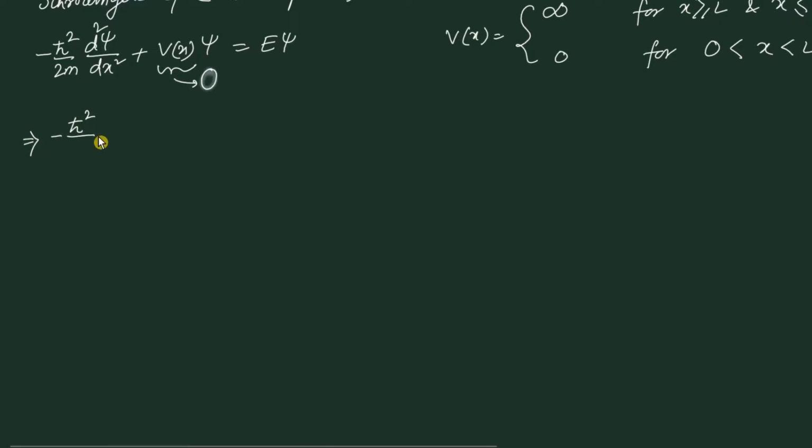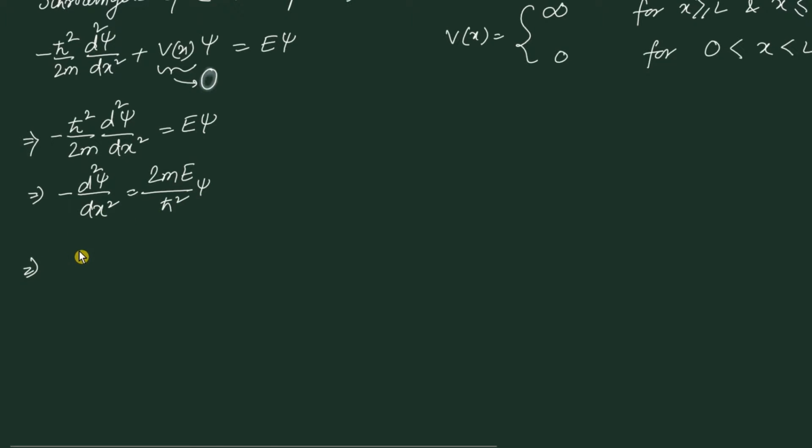Minus h cross square upon 2m d square psi upon dx square is equal to E psi. If I take the terms to the right hand side, this becomes minus d square psi upon dx square is equal to twice m E upon h cross square psi, or if I take this to the right hand side, this becomes d square psi upon dx square plus twice m E upon h cross square psi equal to 0.